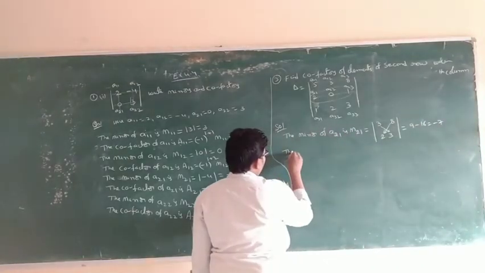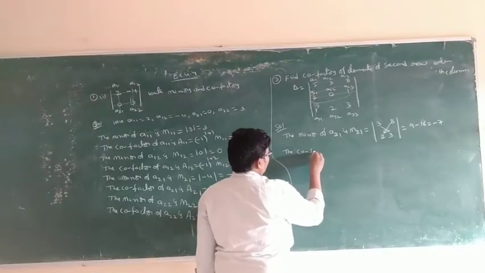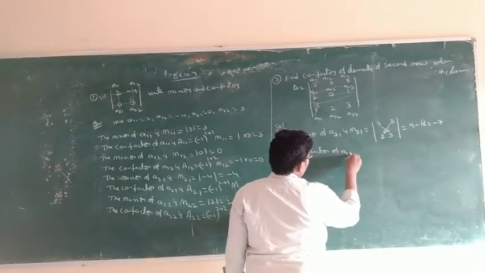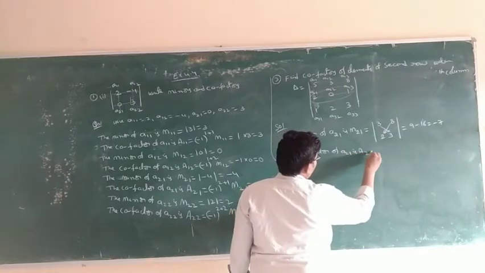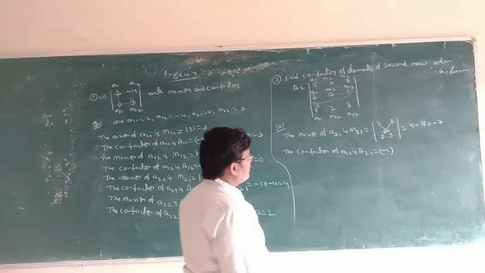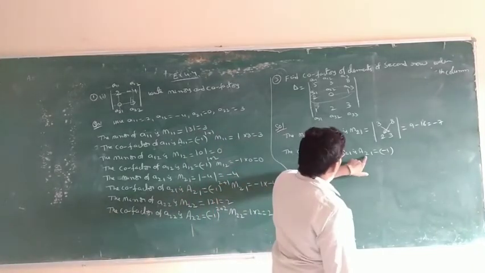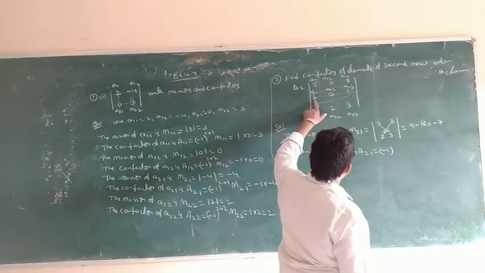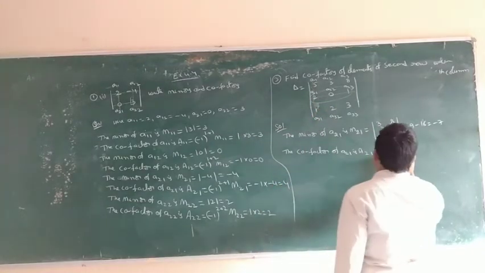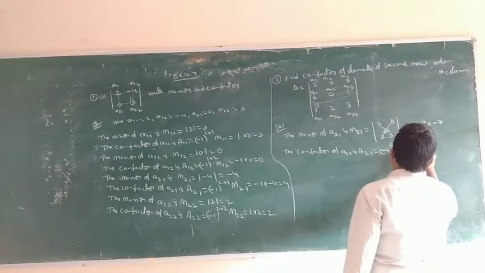So the cofactor of A21 is capital A21, equal to minus 1 whole power i plus j. i is that element's row and column, second row first column, 2 plus 1, into M21.